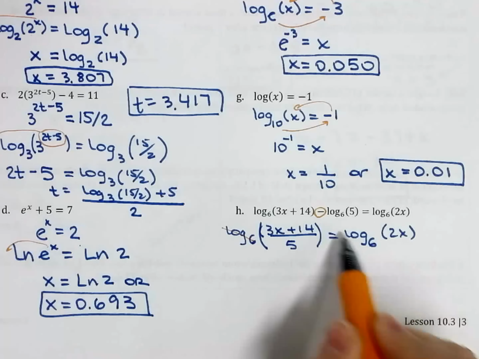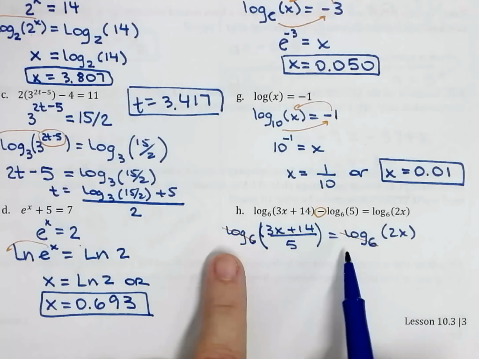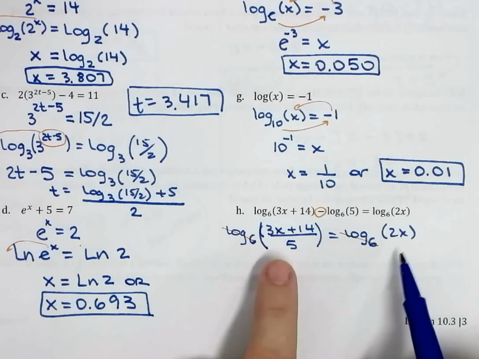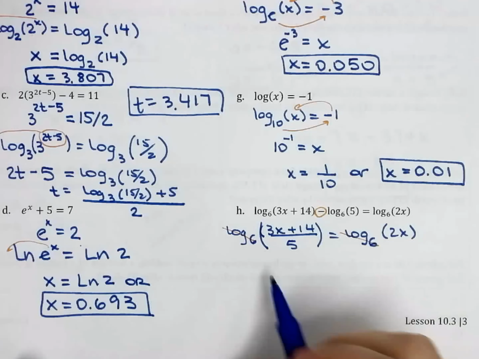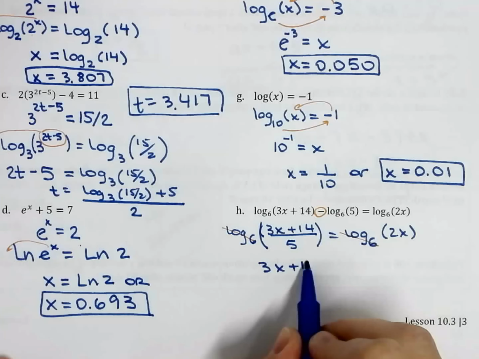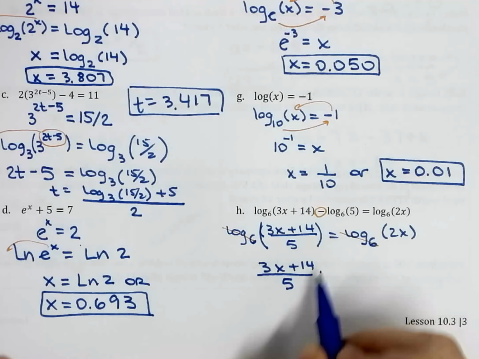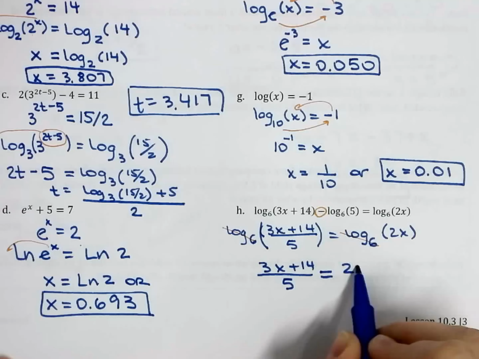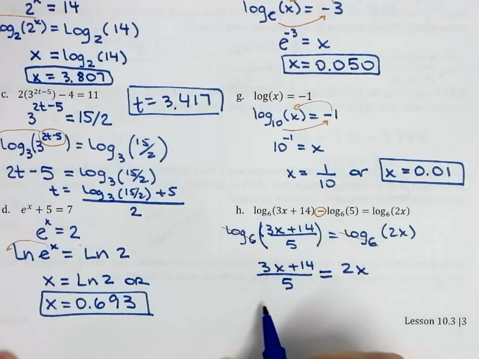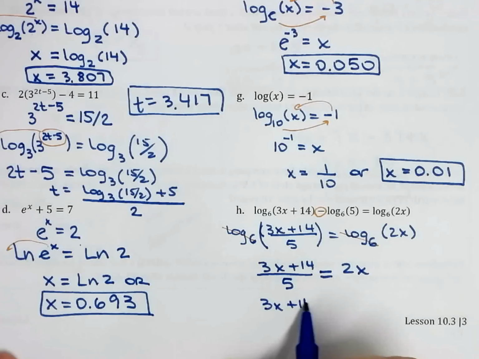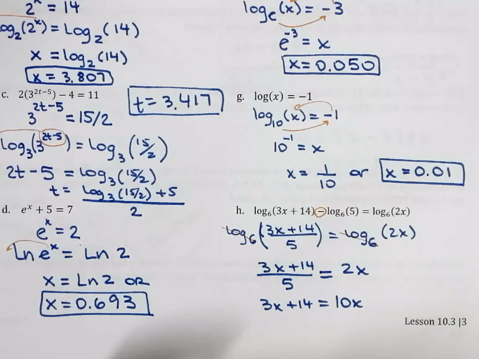Okay, now I have log base 6 on both sides. If the log bases are the same, the arguments are the same. So 3x plus 14 over 5 equals 2x. Multiply both sides. I have 10x right there.